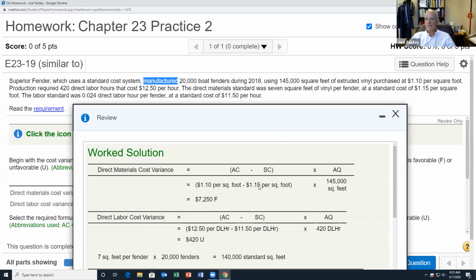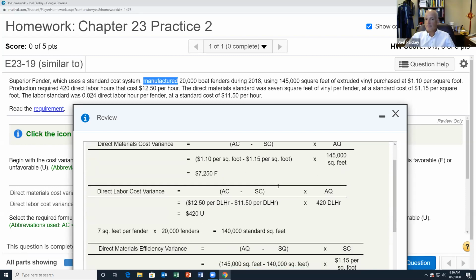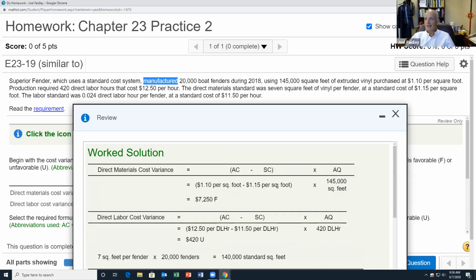So $1.10 minus $1.15 times the actual. There's the AC and SC and the AQ like I had in my PDF. So that's $7,250 favorable because I spent less money per square foot. Purchasing did a good job, didn't they? But the question is, did you have to use more of the material?